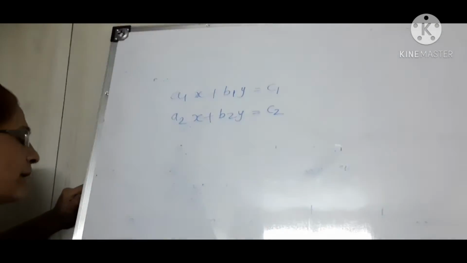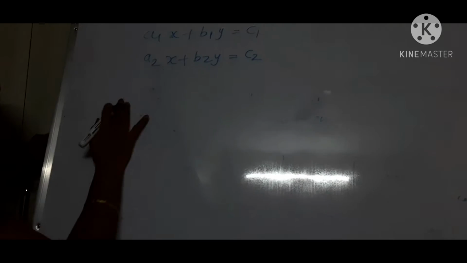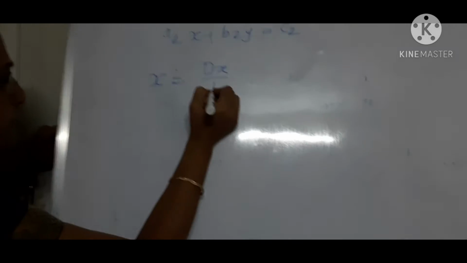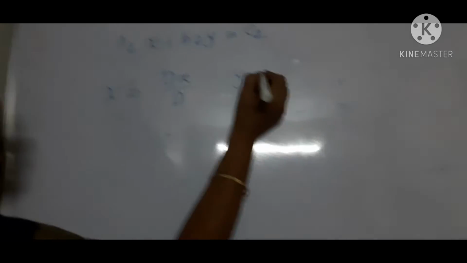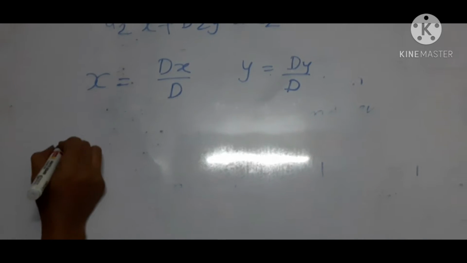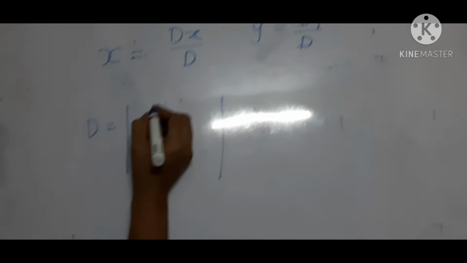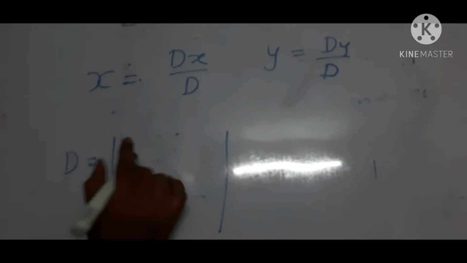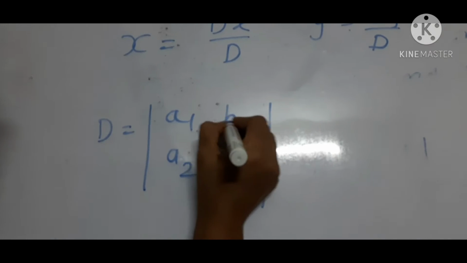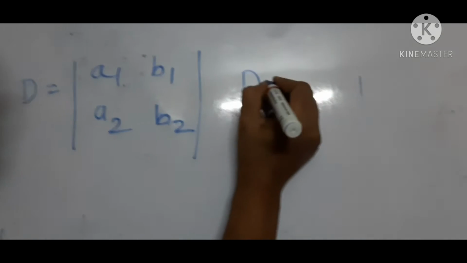So by using Cramer's rule, what is the solution of this equation? x is equal to Dx upon D, y is equal to Dy upon D. Okay. Now what is D here? D is the determinant with the first column coefficient of x, second column coefficient of y. What is Dx?